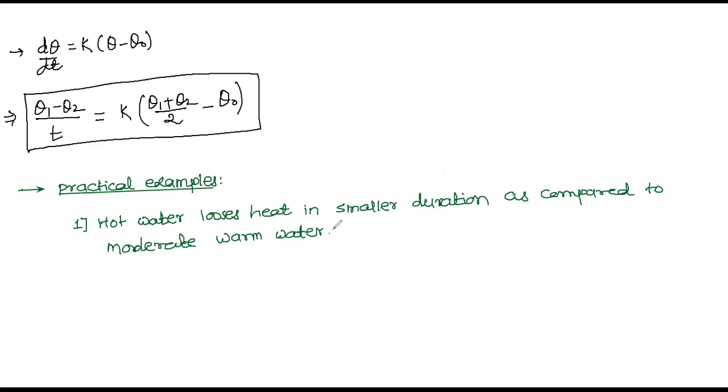This we know because when it is 80 degrees Celsius, from 80 to 40 it will decrease very fast, but from 40 to 33 or 34 it will take so much time. That is the practical example. So it is the same as before: the more the temperature difference, the faster the cooling. Very simple.